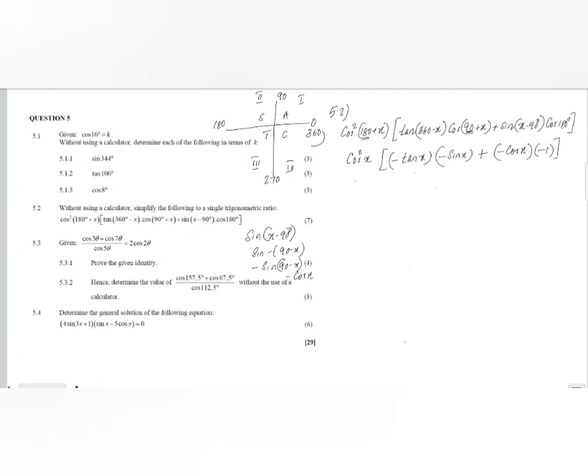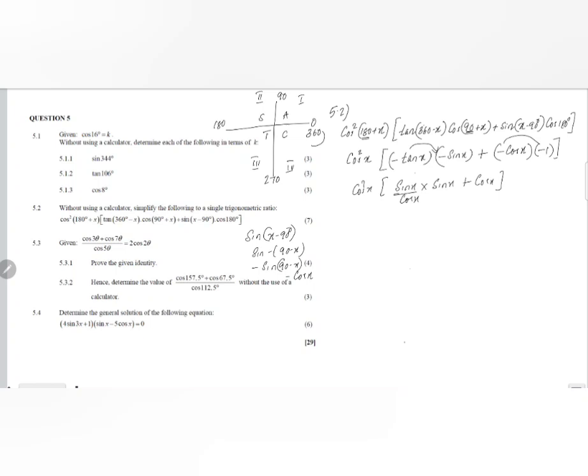Now simplify it. Cos square x, bracket, this minus and this minus going to be positive. Tan x, tan x I can write sin x over cos x times sin x. Then this minus and this minus going to be positive, that is plus cos x. Clear?